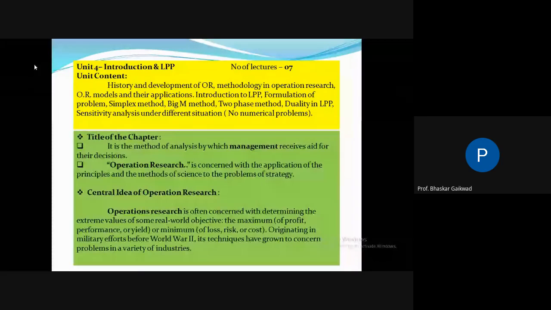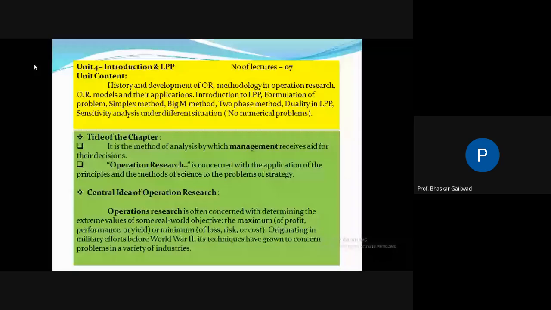After 1953, this concept of OR has been used in industry for decision making at management levels, using all resources to solve certain decision making problems.